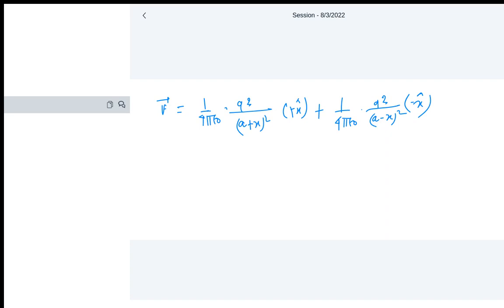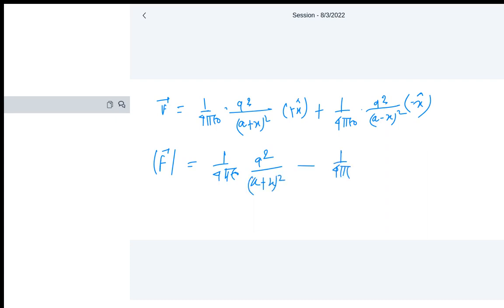So now the magnitude of this force is equal to 1 upon 4 pi epsilon naught Q square upon (a minus x) whole square minus 1 upon 4 pi epsilon naught Q square upon (a plus x) whole square.